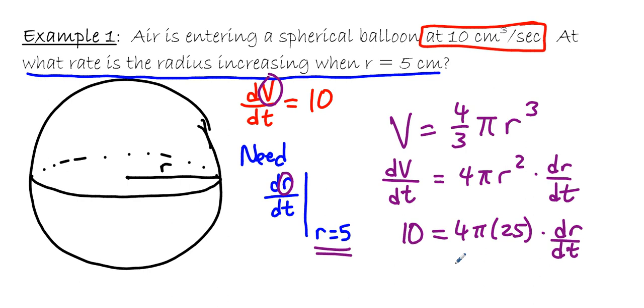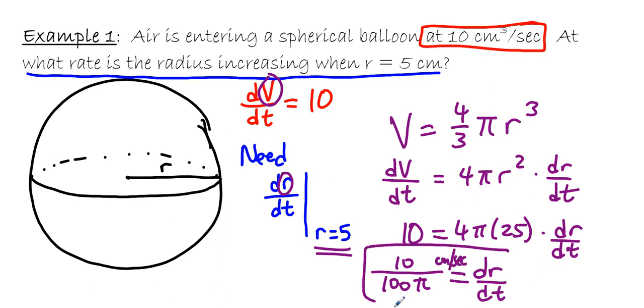So at what rate is the radius increasing? Well, that's 10 divided by 100 pi, and that's in centimeters per second. That's dr/dt.